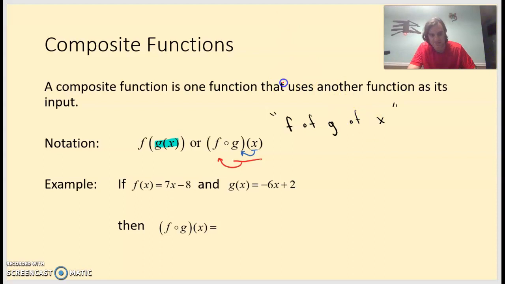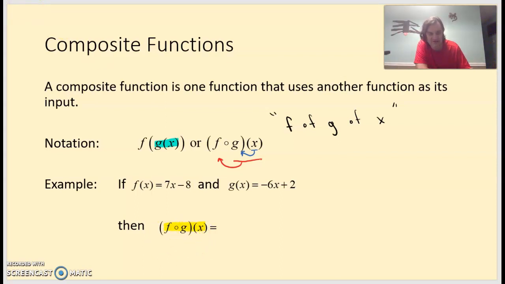So down here we have the examples. We have f of x equals 7x minus 8, and we have g of x equals negative 6x plus 2. So what we're asked to find here is f of g of x. And since we don't have a value for x, that means we're just going to treat g as the input of f.